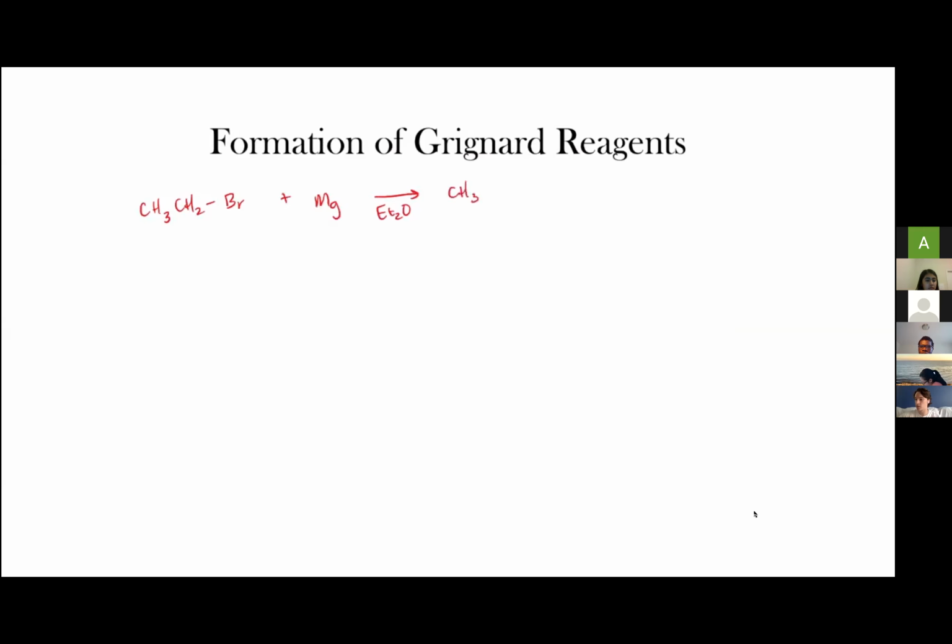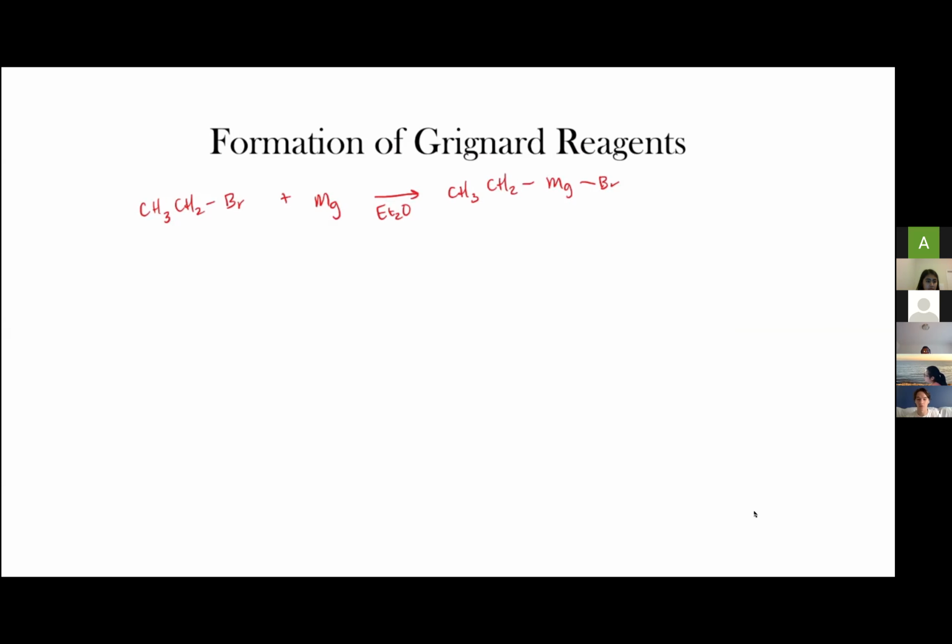So we get CH3CH2MgBr. So don't worry about the mechanism for really anything that I'm going to talk about today. Just know basically how to form them and what the products are in the given reactions.